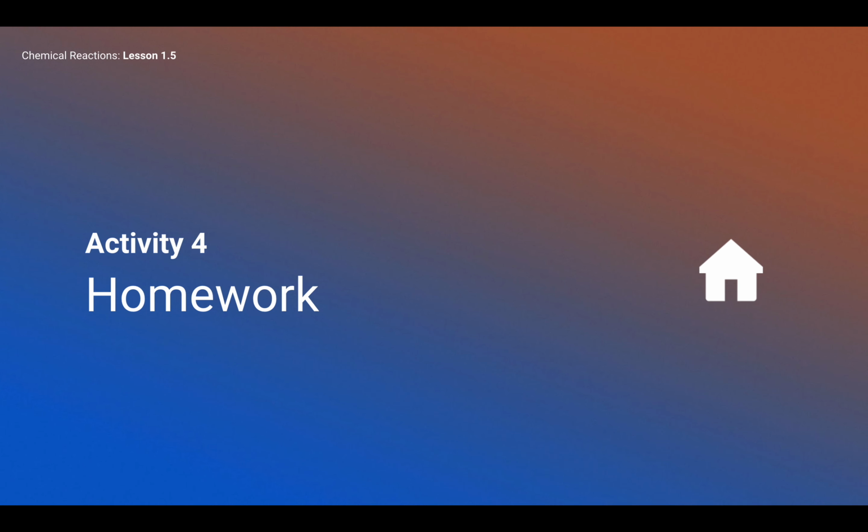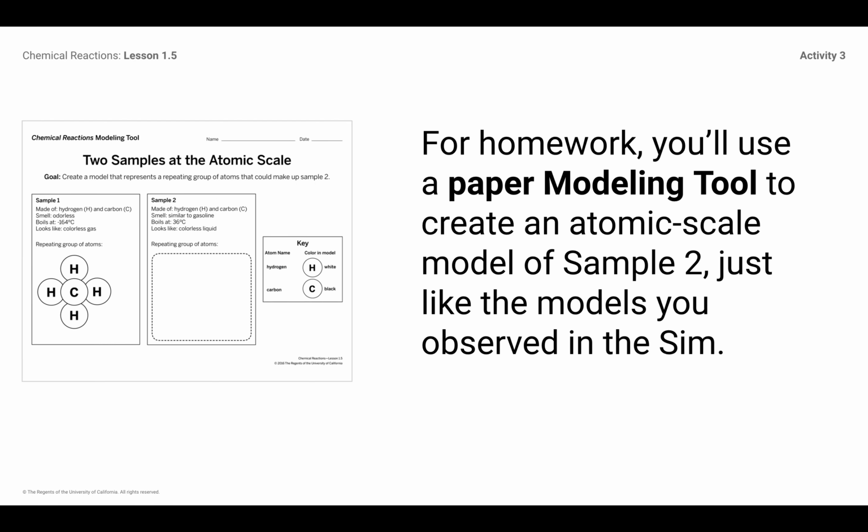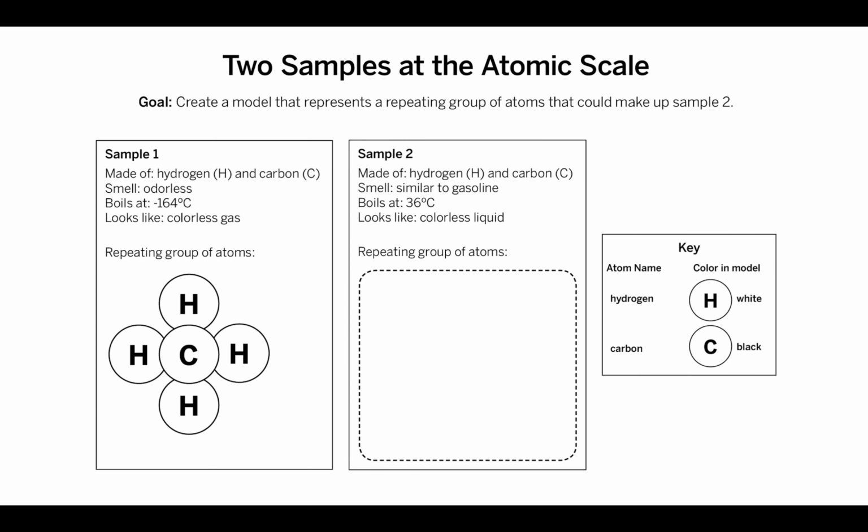All right, last thing is this homework. Now, you have this in Schoology today, so you can go in and get a digital copy. I'm going to just show you this. The goal is to create a model that represents a repeating group of atoms that could make up sample 2. So if we look at sample 1, it's made of hydrogen and carbon. It's odorless.